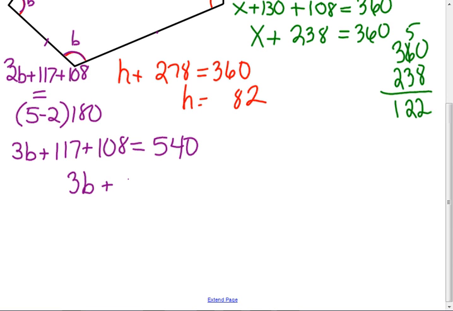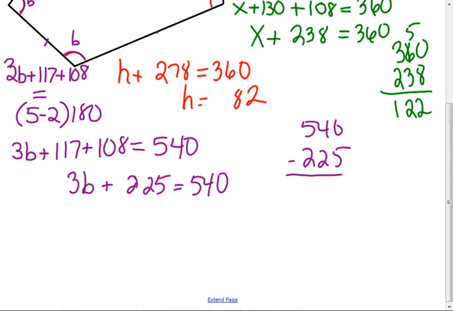Yeah, so annoying. 225, isn't it? 15 equals 540. Yes, you're going to use a calculator. That's what I said. You will want a calculator here, won't you?